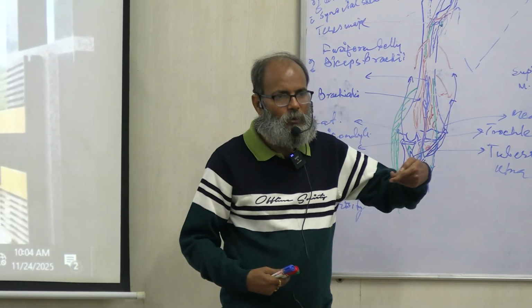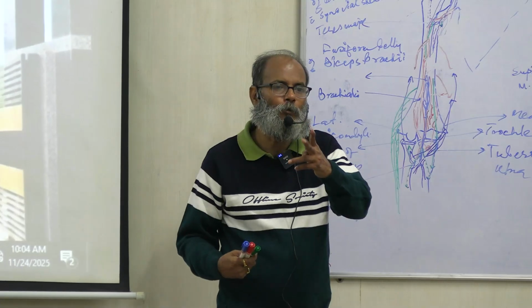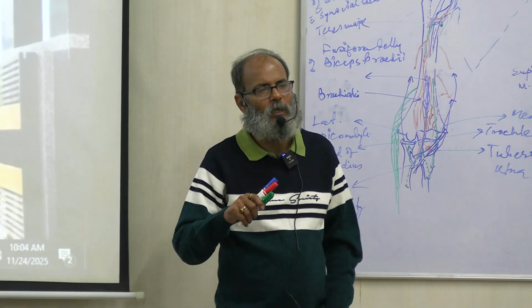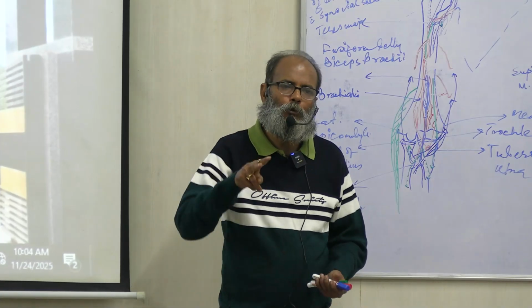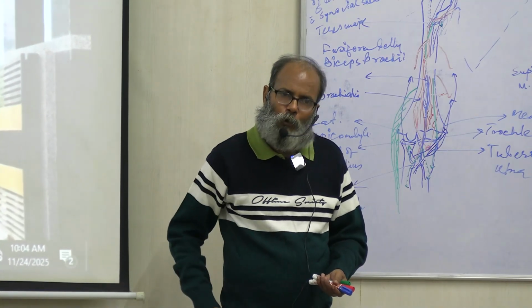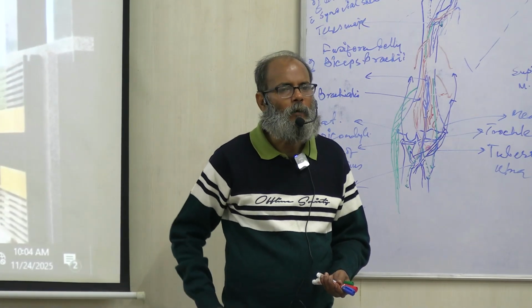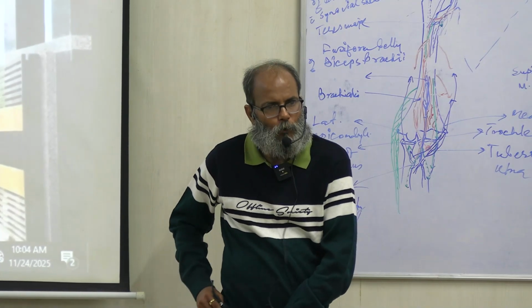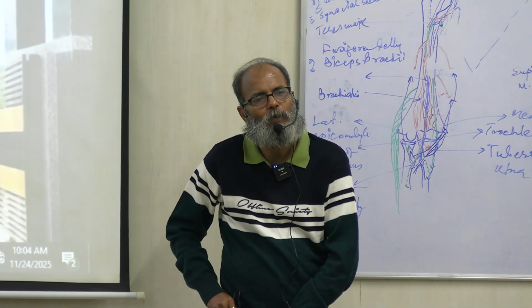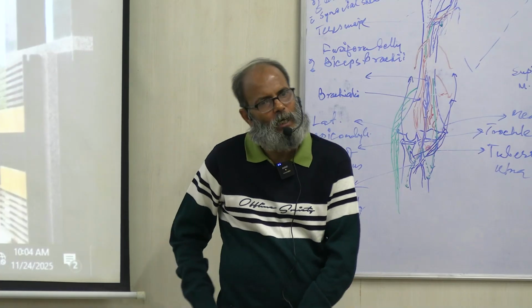ulnar artery comes in between the two heads of the pronator teres. What I emphasize: the median nerve enters the forearm deep to both heads of the pronator teres, whereas the ulnar artery enters the forearm in between the two heads of the pronator teres.